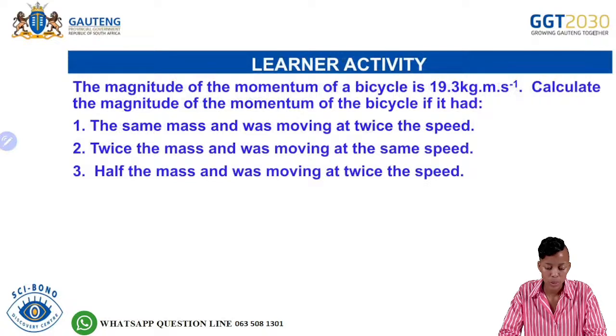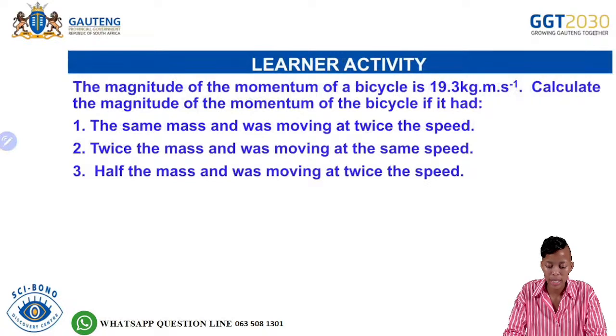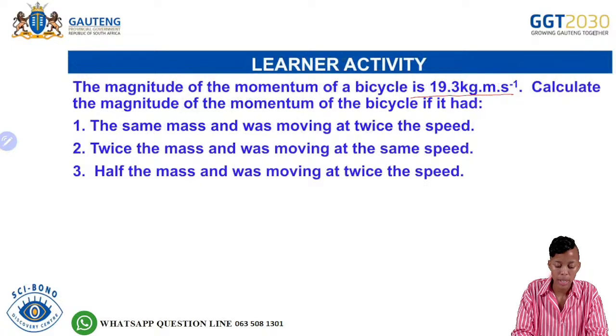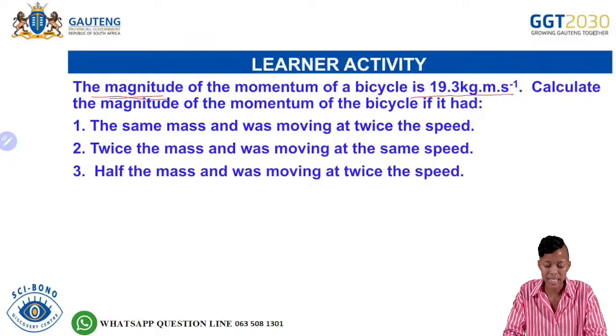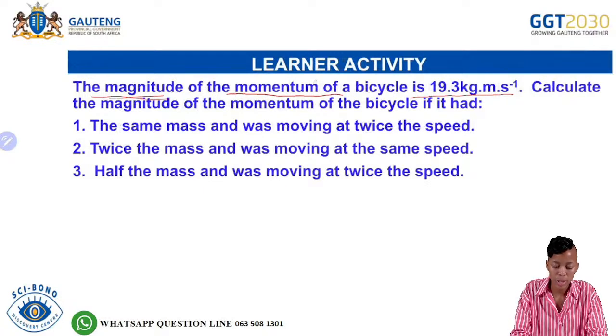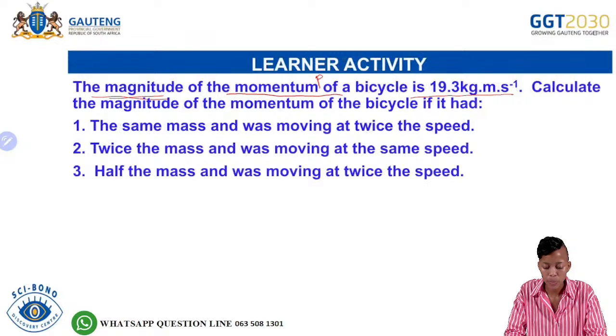Okay, so let us have a look at the activity together. It says the magnitude of the momentum of a bicycle is given as 19,3. The magnitude, remember, is the size. So the momentum, we know that we are dealing with symbol P. This momentum is given as 19,3 kilograms meters per second.